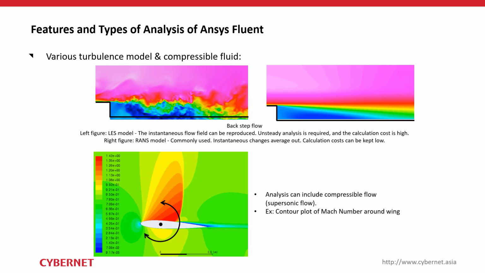When we talk about compressible fluid, it is most likely being used in the application of supersonic or hypersonic aircraft or jets, for example, or any other kind of fluids that operate at very high velocity. So for example, you can evaluate the contour plot of the Mach number around the wing, or you can evaluate the shock wave by evaluating the density surrounding a moving object, for example, and so on.